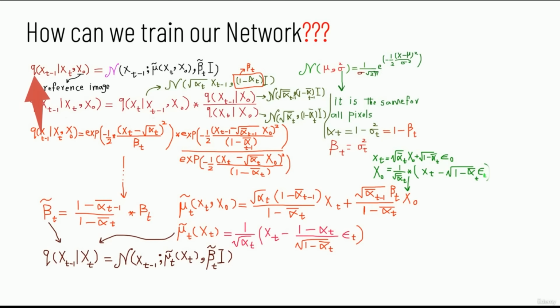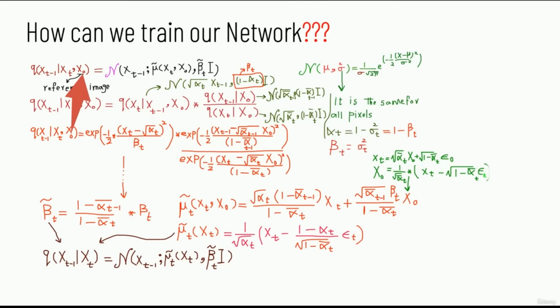In general, the target distribution for any time step is just the distribution of xt minus 1 given xt. So now, why do we put x0 here? Here we will not give the value of the xt variable only, but we will give the value of the x0 variable, or in other words, our clear image.